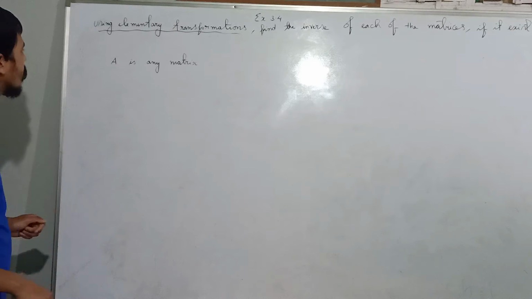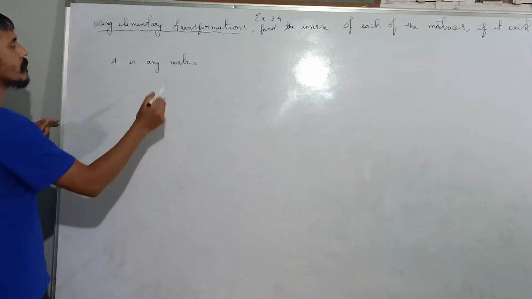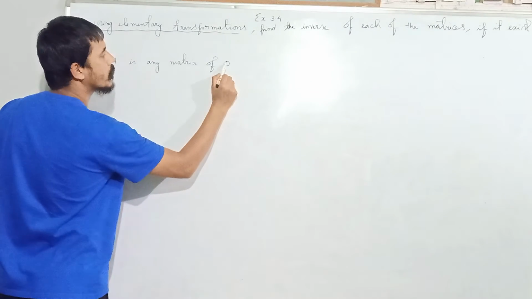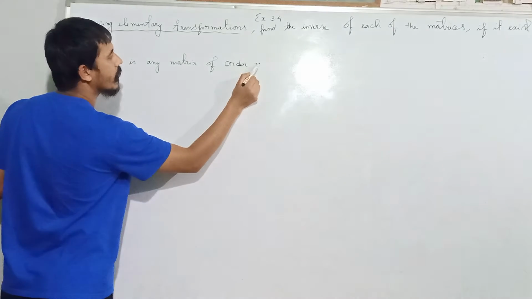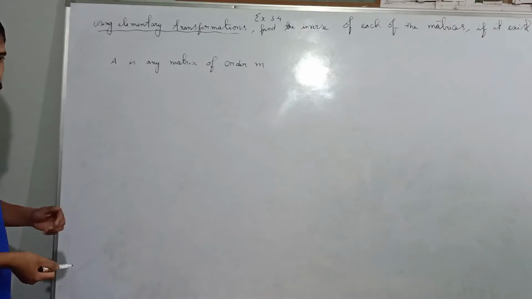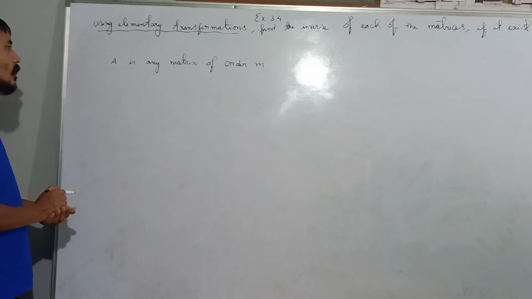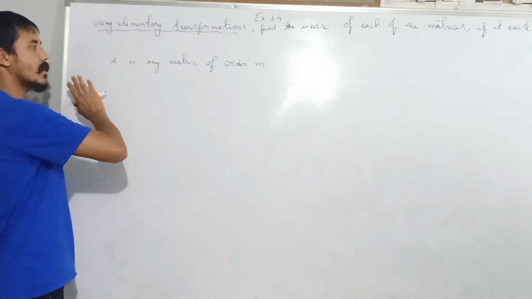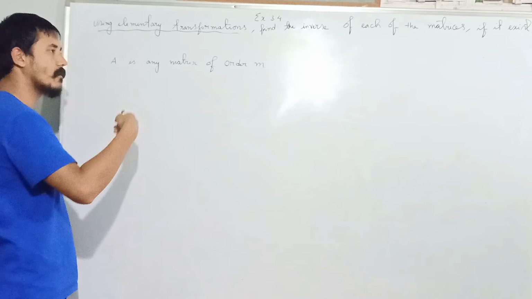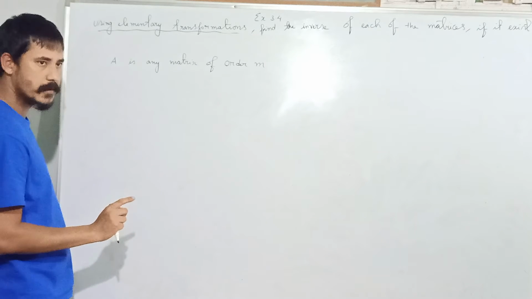So I'm going to say that suppose A is any square matrix of order say M. Instead of saying M cross M, I'll say only M. Order M means it has M number of rows, M number of columns, so a square matrix.